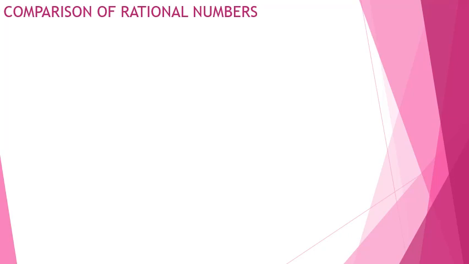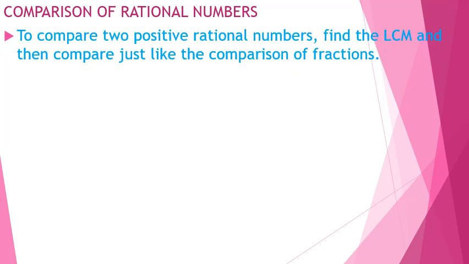Next is comparison of rational numbers. First one, to compare two positive rational numbers. First find the LCM and then compare just like the comparison of fractions. For example, compare 2 by 3 and 5 by 7.